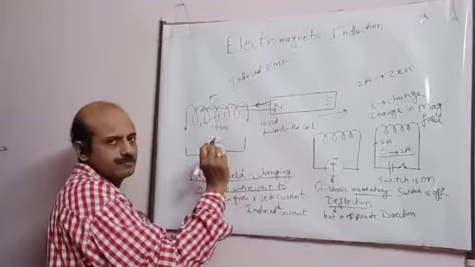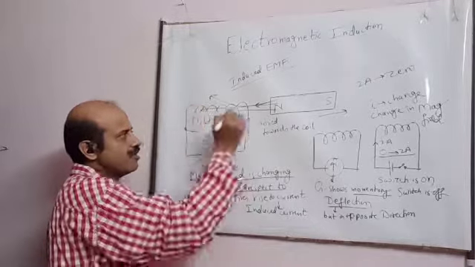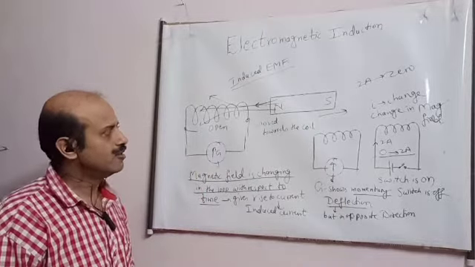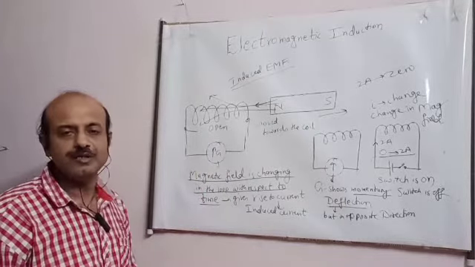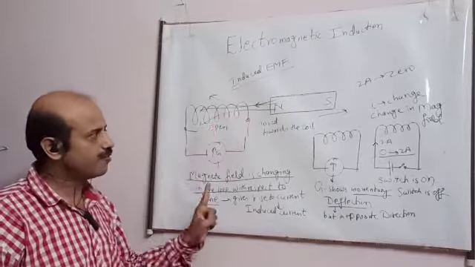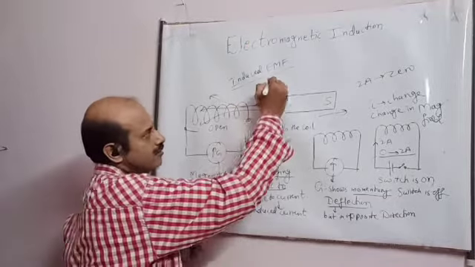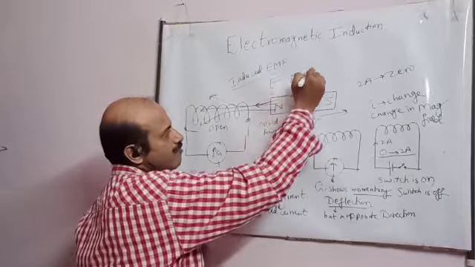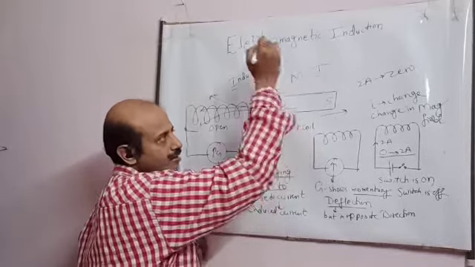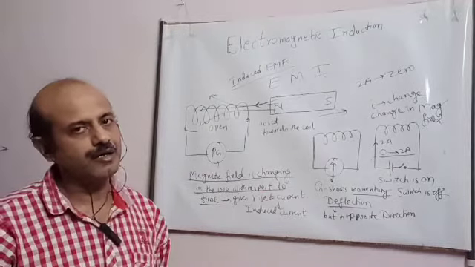Voltage will be there, and as soon as you close the circuit, current will start flowing. So this is one of the methods of producing induced EMF or induced current. This phenomenon is known as electromagnetic induction, EMI, electricity by magnetic induction, student.